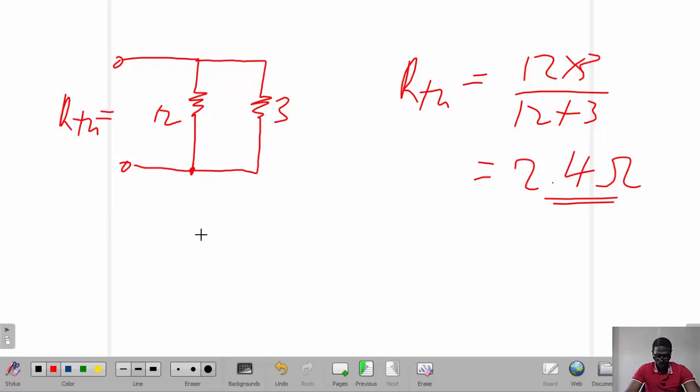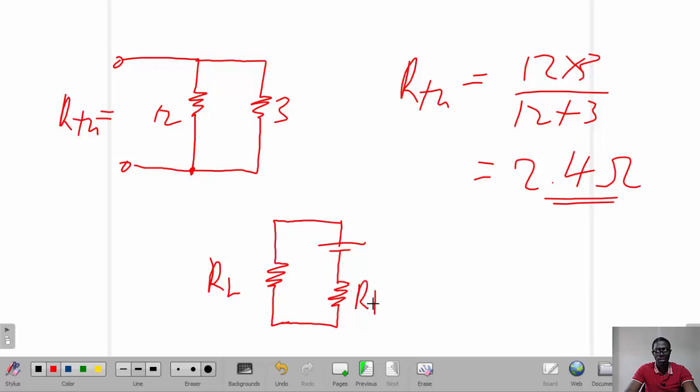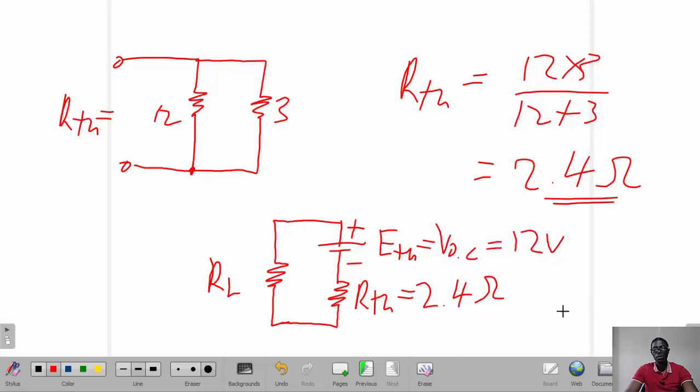So in short, when you draw the final circuit, it appears as follows: the load resistor there, then the Thevenin's resistance, which we have found to be 2.4 ohms, and then what we found here as the Thevenin's voltage, or you can call it E Thevenin, which is the same as VOC. This was 12 volts.